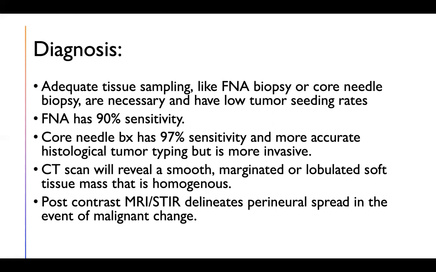So I think FNA is the choice over a core needle biopsy. If patients have a CT scan, it's usually seen as a smooth, marginated, or lobulated soft tissue mass. And you can get a special type of post-contrast MRI, which would show perineural spread if they think that there is a chance that it has undergone a malignant transformation.